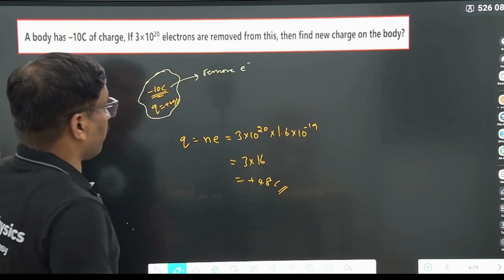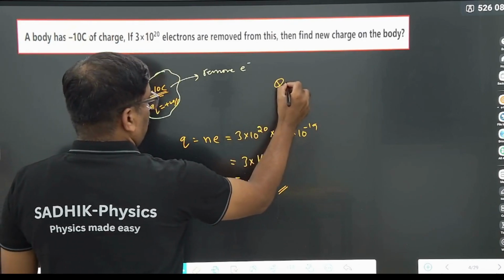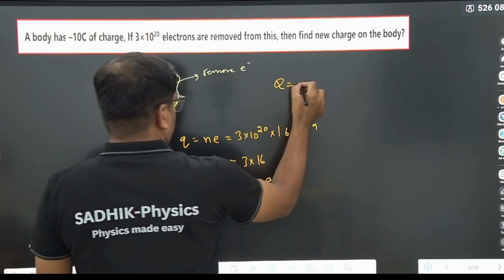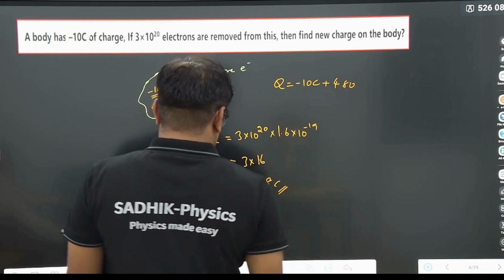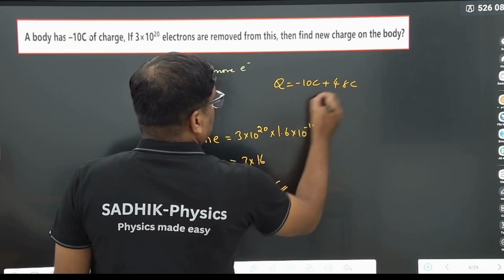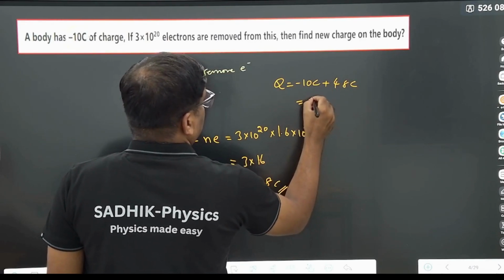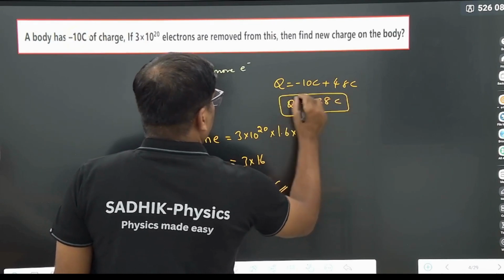Therefore what will be the total charge? Already minus 10 coulomb is there, plus 48 coulomb. So subtracting, plus 38 coulomb is the charge it is going to gain.